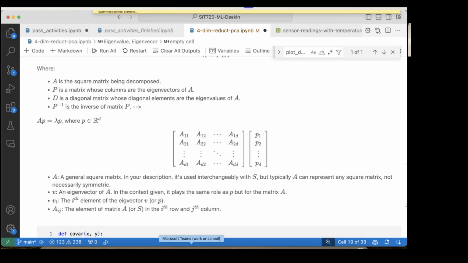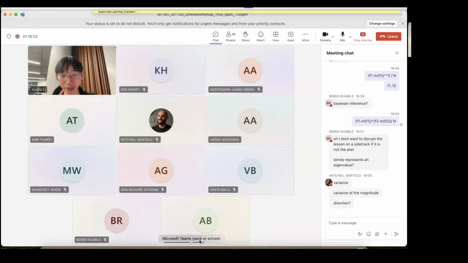Lambda could be a determinant of A. Like we have a square matrix, and I'm not sure how they are related, but the determinant of A could relate to the lambda somehow. You mean the covariance matrix could relate to the lambda somehow?